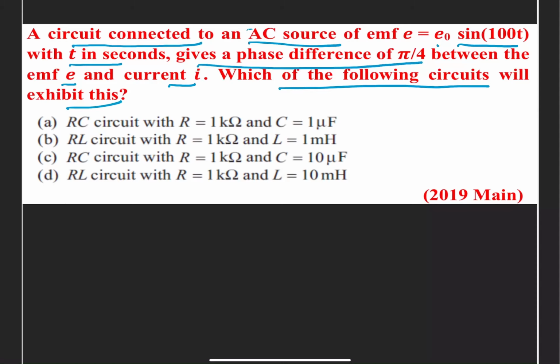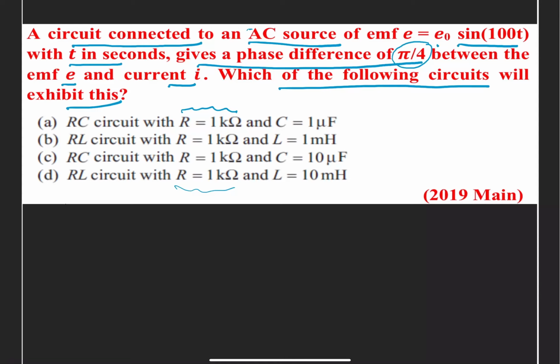So basically we have two types of circuit given in the options, RC and RL. The value of resistance is the same for each option, whereas the values of inductance and capacitance are different. We are given that the phase difference should be pi by 4.